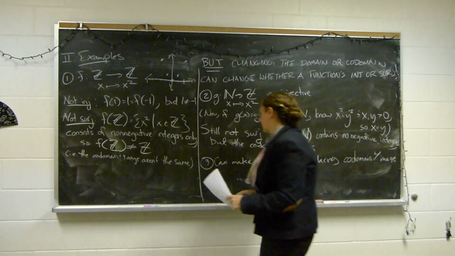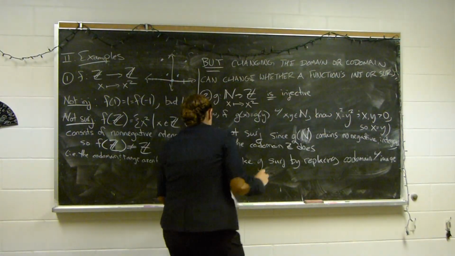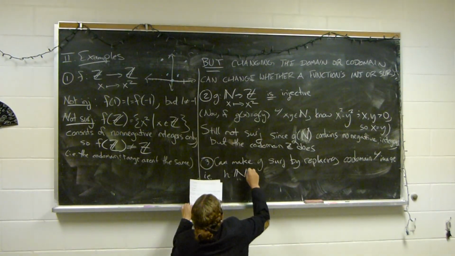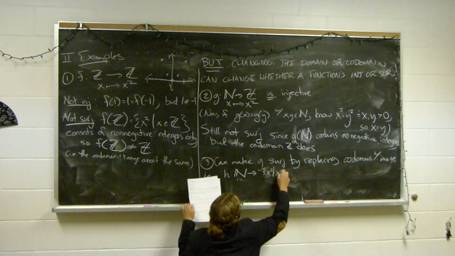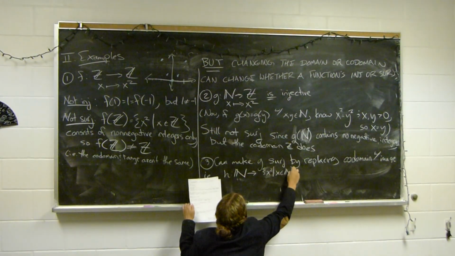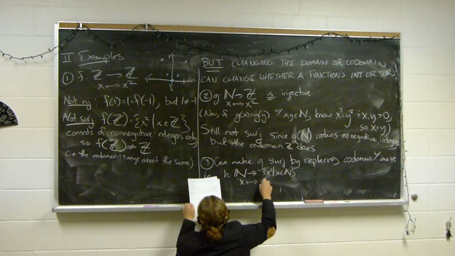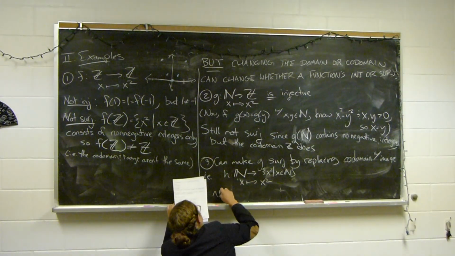So we just write it like this. We say h goes from N to the set of all x squared such that x is a natural number. I'm just replacing the codomain with its image. I still send x to x squared, and now I'm happy because now it's bijective.